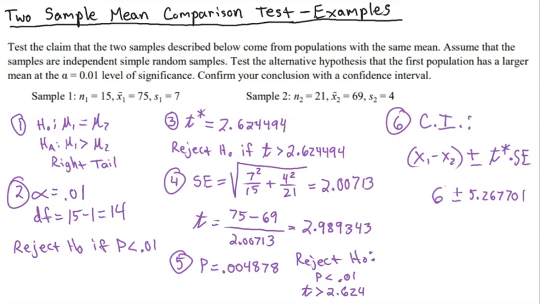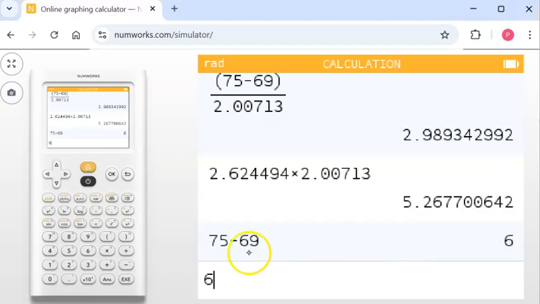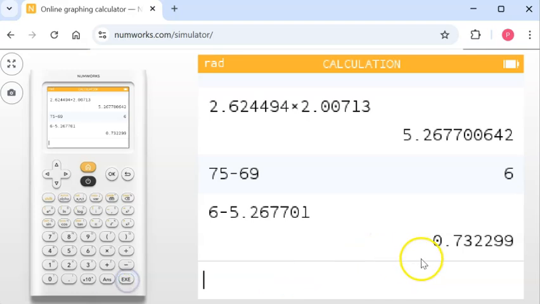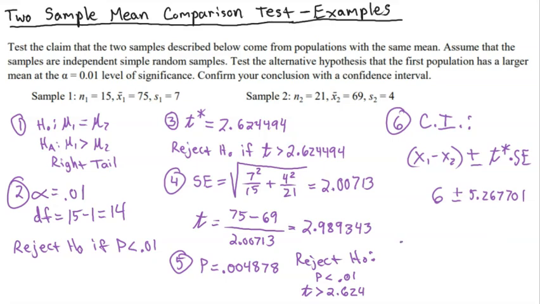And so 6 minus 5.267701 is going to be 0.732. So 0.732 is our 6 minus this number.